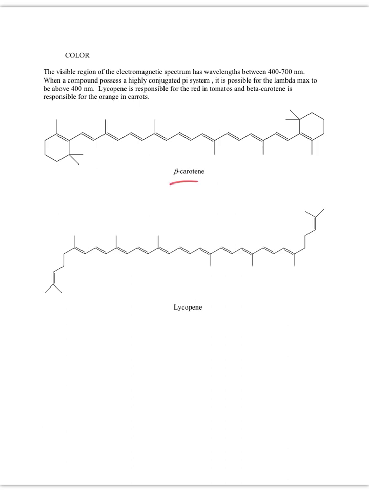And we have two examples here, beta carotene and lycopene. Beta carotene is orange, it's the orange in carrots, and lycopene is responsible for the red in tomatoes. And it's all because of the alternating single and double bonds of the conjugated system being as long as it is.